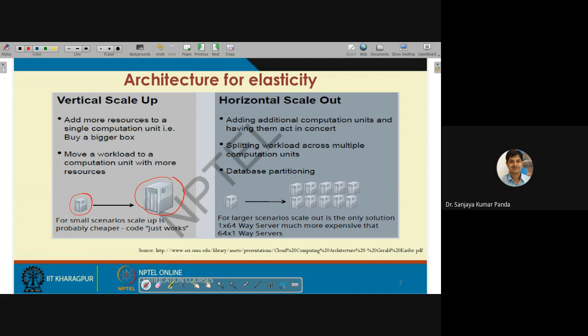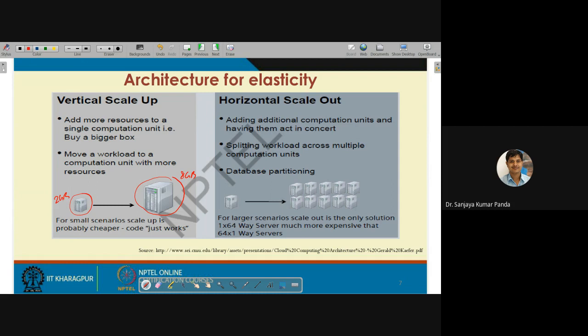So what you are doing is adding more resources to a single computational unit. This is a small box, now we have a big box. Earlier it is, let's say, 2 GB, now you have enhanced the same capacity to 8 GB. That is called vertical scale up.